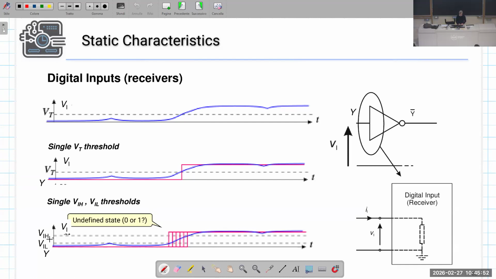In the real world, with a real gate, we have two different thresholds, VIL and VIH. Only when the signal is below VIL can the logical value be considered 0, and only when it is above VIH can it be considered 1. In between is an undefined gray region in which the digital behavior is unpredictable.